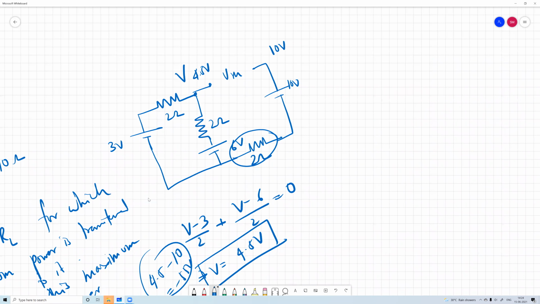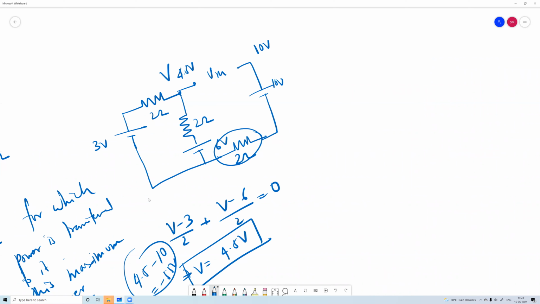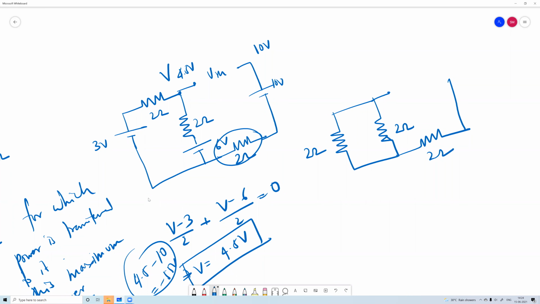Okay, what about RTH? Equivalent circuit. Yes. That would be very easy, and you should be able to tell it without any calculation, just looking at it.